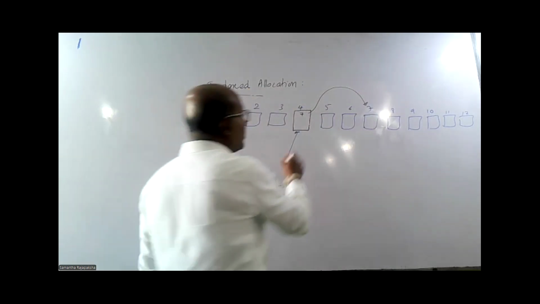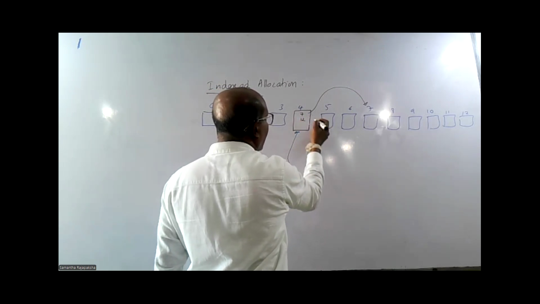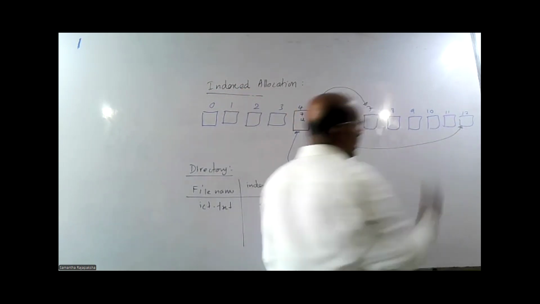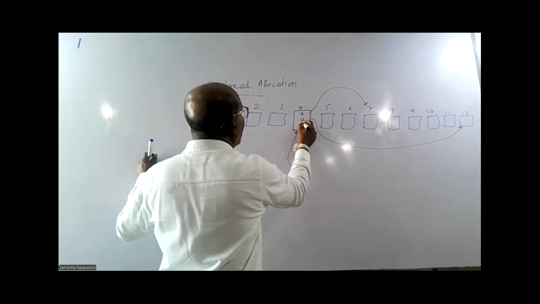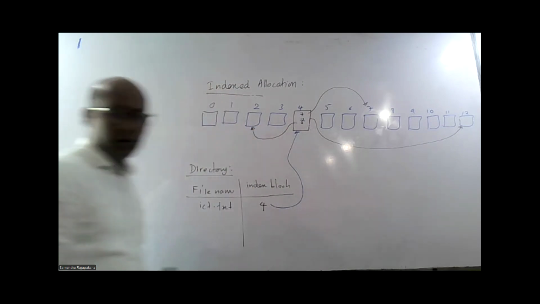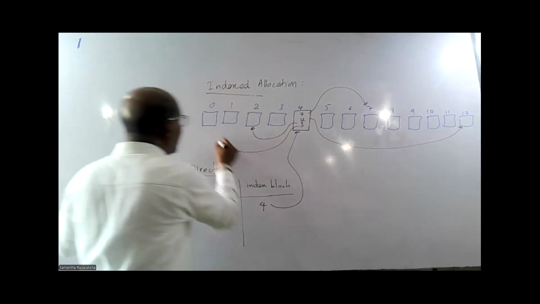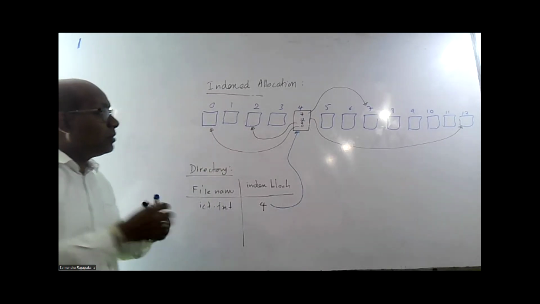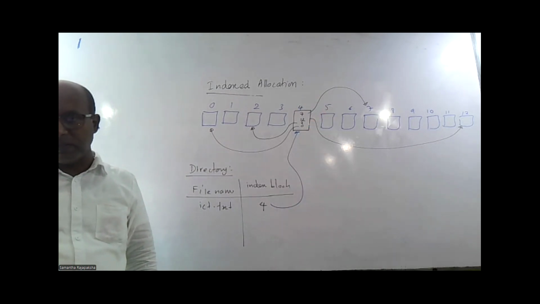And let's say the next one is block number 12. That means another block for this file is block number 12. Like this. And let's say the next one is block number 2. And the next one is block number 0. That means the next one is block number 6, like that. Once you go to the index block, you can find out what other blocks are available. That is what the index allocation is.